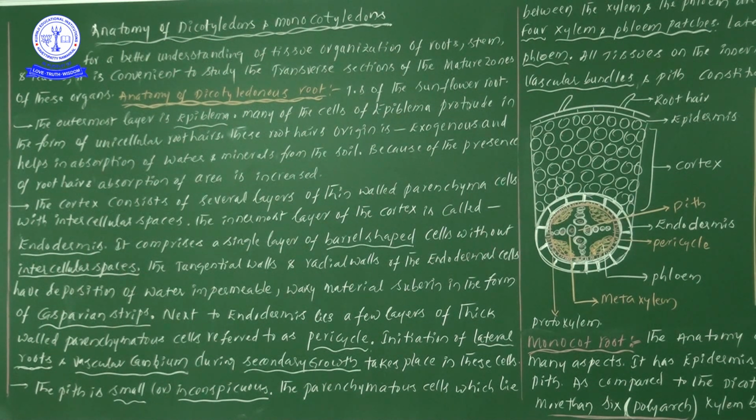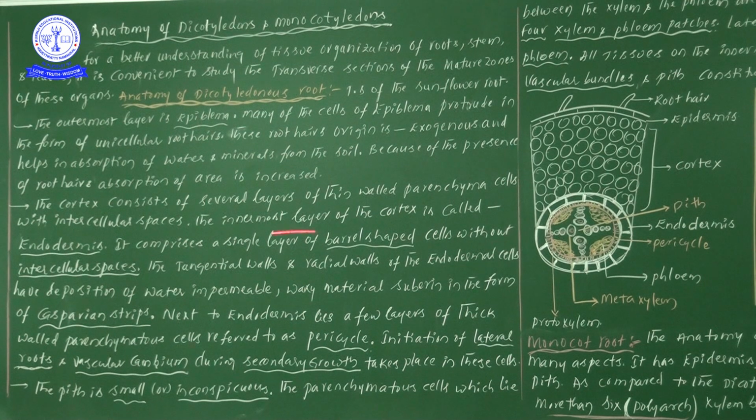My dear students, the main important point to save in our mind is about the cortex. Cortex cells are made up of parenchymatous cells, thin walled, with intercellular spaces within. Endodermis is also a part of the cortex, but in the endodermis intercellular spaces are absent.